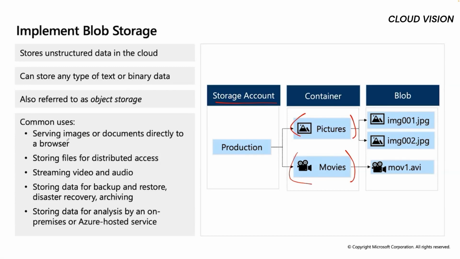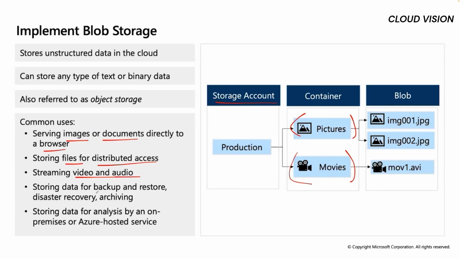Common use cases: serving images and documents directly to your browser, and storing files for distributed access. For example, your sales team would like to store all the product brochures and circulate them as and when needed along with the quotation. Then you can maintain them here. Streaming videos and audio is another use case.